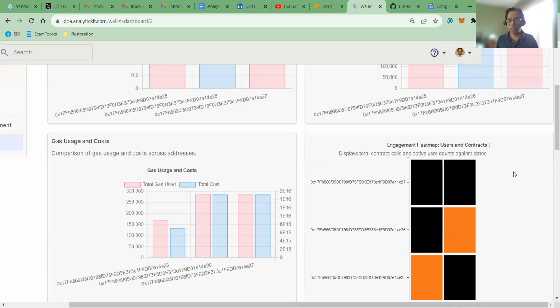Right now it shows only two shades of color, but once we have more data, if more and more people are using your contract on the Ethereum blockchain, then we will have more information. Based on that, this data will be visible for you to see for various activities that happened on those public wallet addresses.